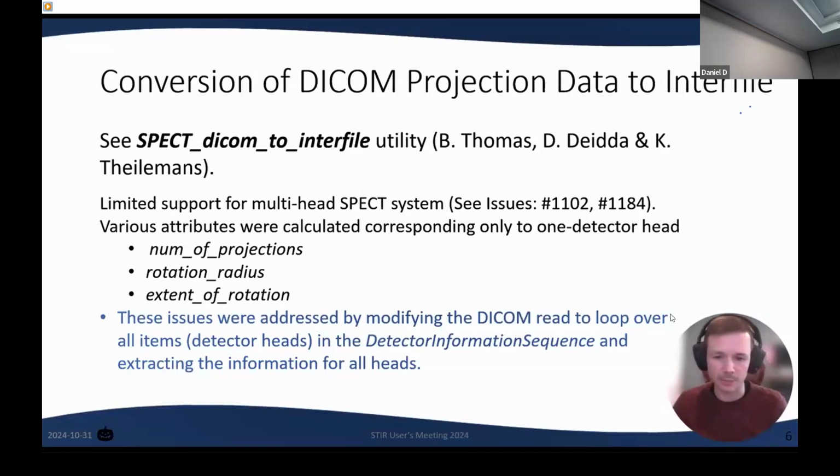The changes that we've had to make here are looking into the detector information sequence in those DICOM projection data sets, and going into each item, which corresponds to a unique detector head, and extracting all the information we need so that the Interfile object that gets produced for the SPECT projection data encompasses all of that information.